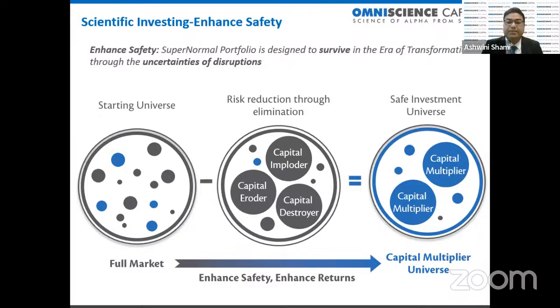There are three types of companies that you need to stay away from. First are capital destroyers. These are weak businesses with weak cash flow. The companies have taken too much debt, leverage or loan, whichever way you understand it, and they have created a risk which at some point will manifest, where shareholders will lose all their capital.